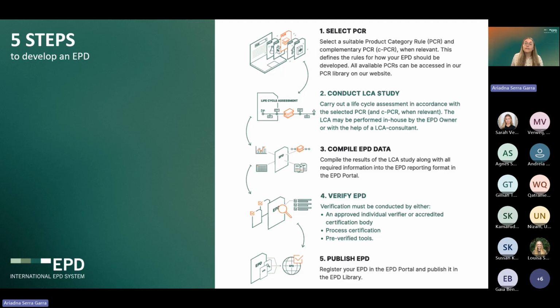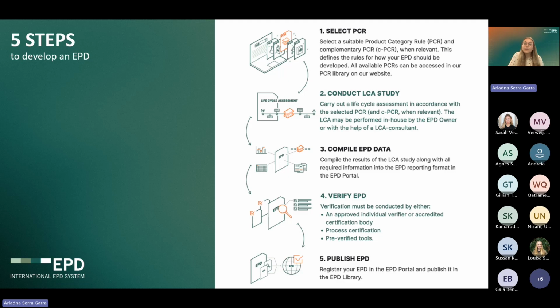So the first step is actually selecting the PCR applicable to your products or services, and you can find those PCRs available in the PCR library. If you have any questions about how to select the most suitable PCR for your product, you can reach out to us at any time and we will support you.